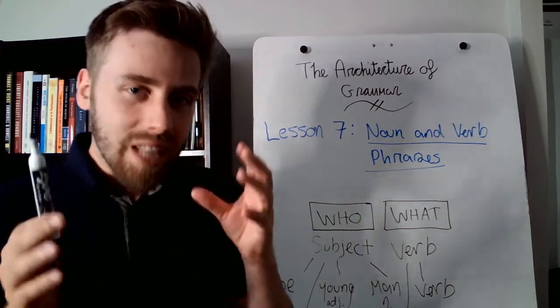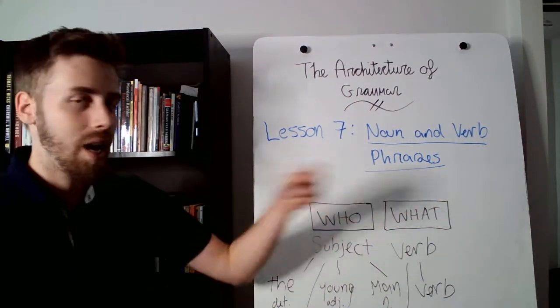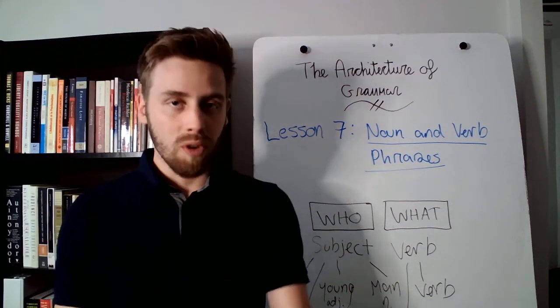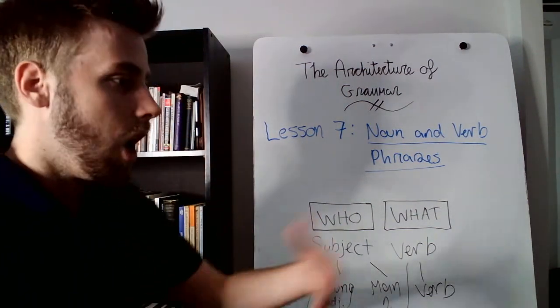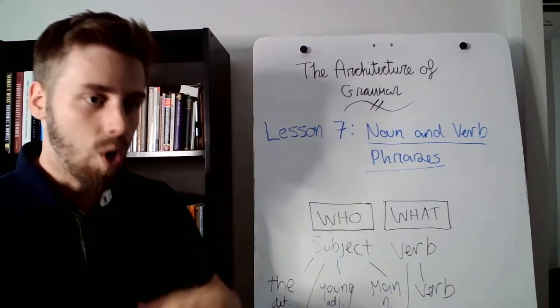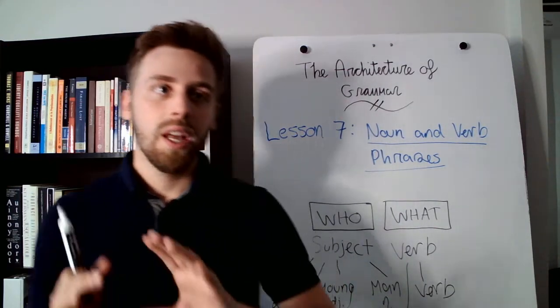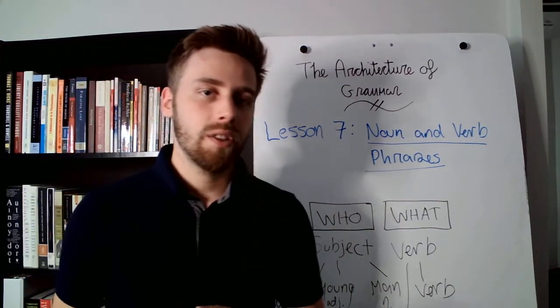So now instead of just having one verb, we have two verbs, and that's what makes it a phrase. Again, a phrase is a group of words. So instead of drinks coffee, we have is drinking coffee, or might drink coffee, might have been drinking coffee, depending on the verb tense in the sentence.